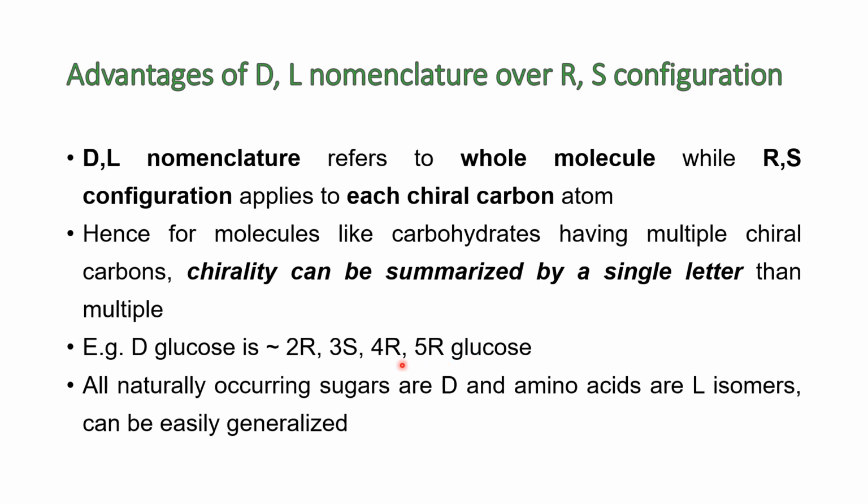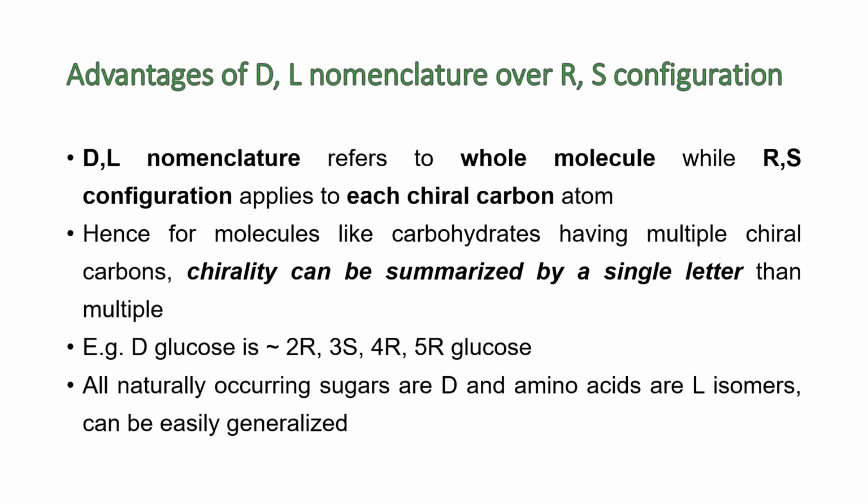Also, it has been observed that all the naturally occurring sugars are in the D form, and all the naturally occurring amino acids are in the L form. So it is very easy to generalize such statements rather than writing that all the naturally occurring carbohydrates have 3R and 1S.